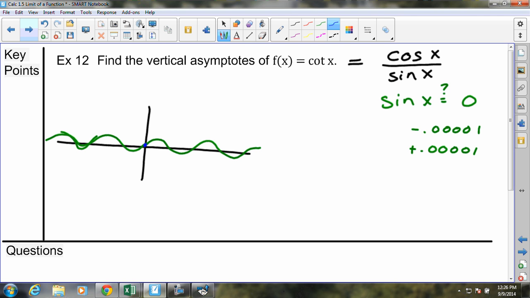At each one of these points, those are what we're looking for. You remember on the unit circle that the sine was the height of the right triangle? This height right here is sine. So for which angles do you have a height of 0?